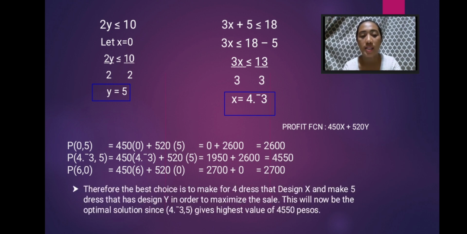So therefore, the best choice is to make 4 dresses of design X and make 5 dresses of design Y in order to maximize the sale. This will now be the optimal solution since (4.3, 5) gives the highest value of 4,550 pesos. And that's all.